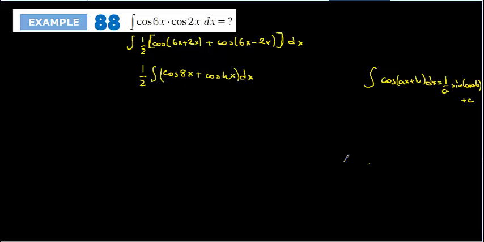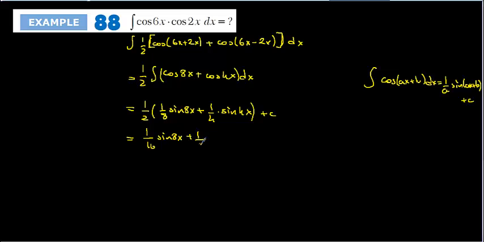So it's going to be 1 over 2 times 1 over 8 sine 8x plus 1 over 4 sine 4x plus c. And this is the last part: 1 over 16 sine 8x plus 1 over 8 sine 4x plus c is going to be the answer of this type of questions.